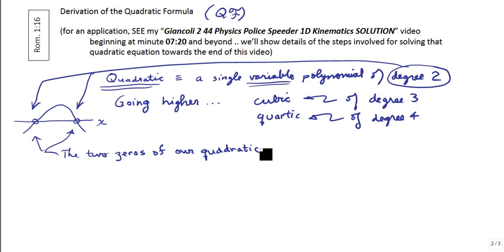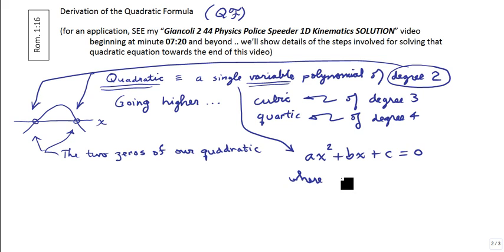Okay, so let me formalize this just a little bit more. When we talk about a single variable polynomial of degree 2, what we're really talking about is the following. It is an equation of the form ax squared plus bx plus c equals 0, where a, b, and c are constant coefficients.